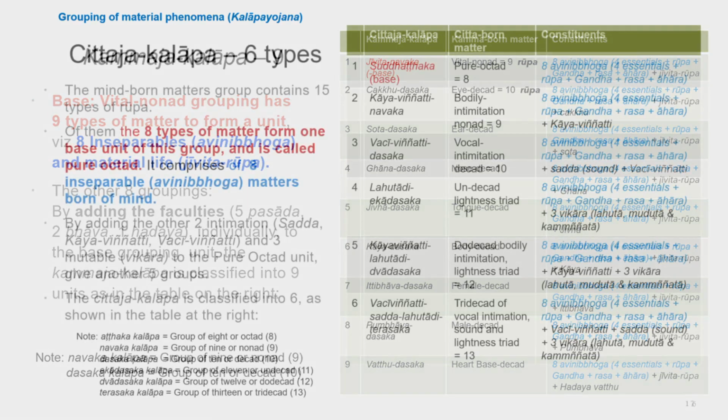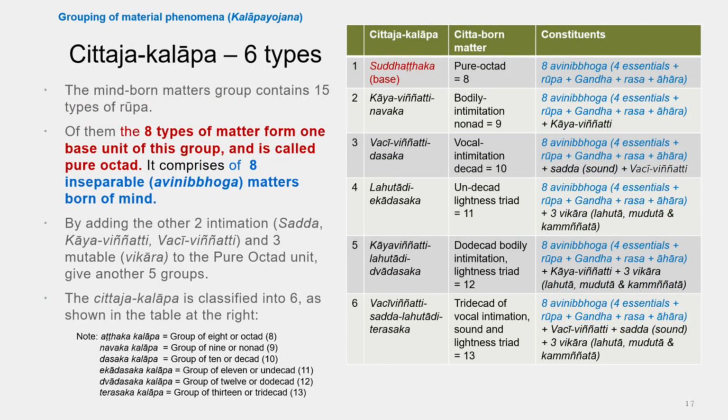This is how you get all the 6 groups for Chitta Kalapa. Okay? This is a way of remembering things. 1, 2, 3, 4. Then 4 to 2, it forms 5. Then 4 to the third one, it forms the 6th group. So this is the Chitta.